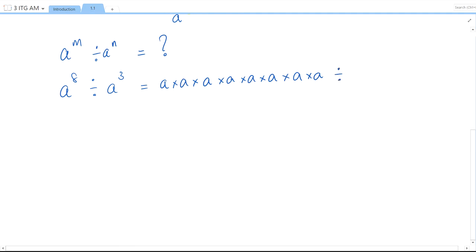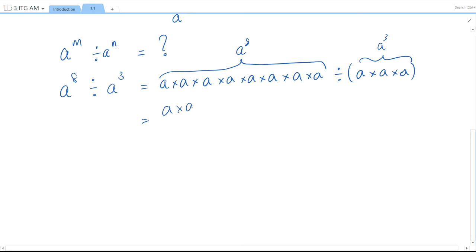Now this is divided by a to the power 3: a times a times a. Okay, so we have 8 of them, and we have 3 of them here. And in mathematics, we like to replace the division with a fraction.